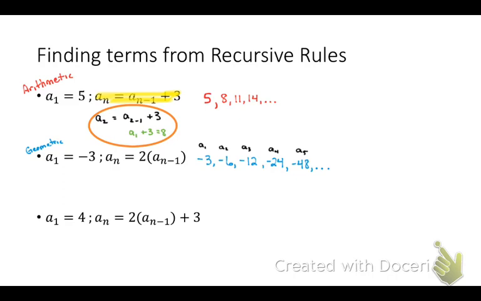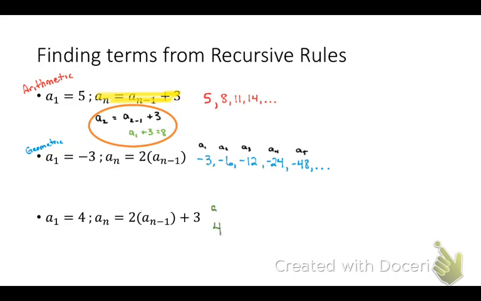Now the next one is kind of a combination of the two. It's neither arithmetic nor is it geometric. It's that other sequence, because I'm multiplying and I am adding. So the first term here is a positive 4.